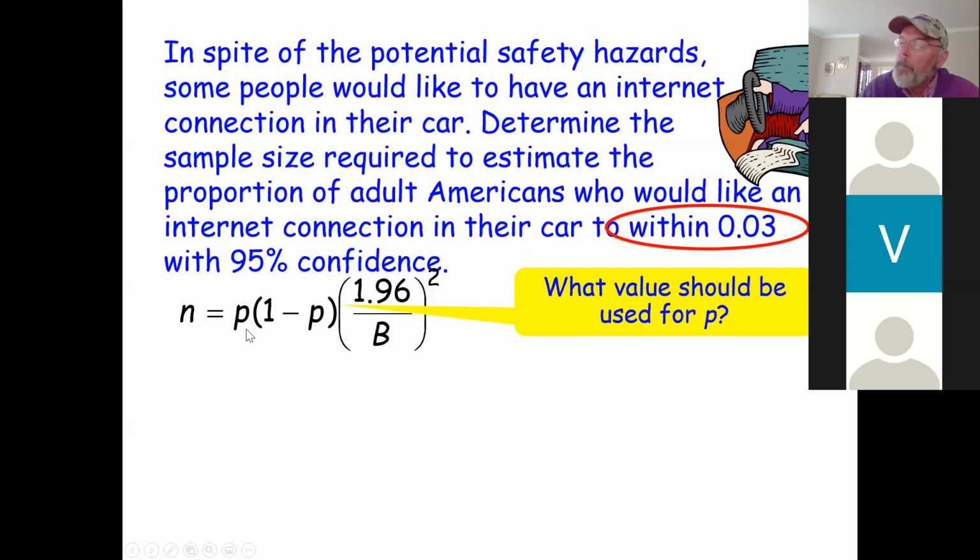So we're going to put 0.5 as the population proportion, and then 1 minus P would be 0.5, and B here is the margin of error, and that's going to be 0.03.